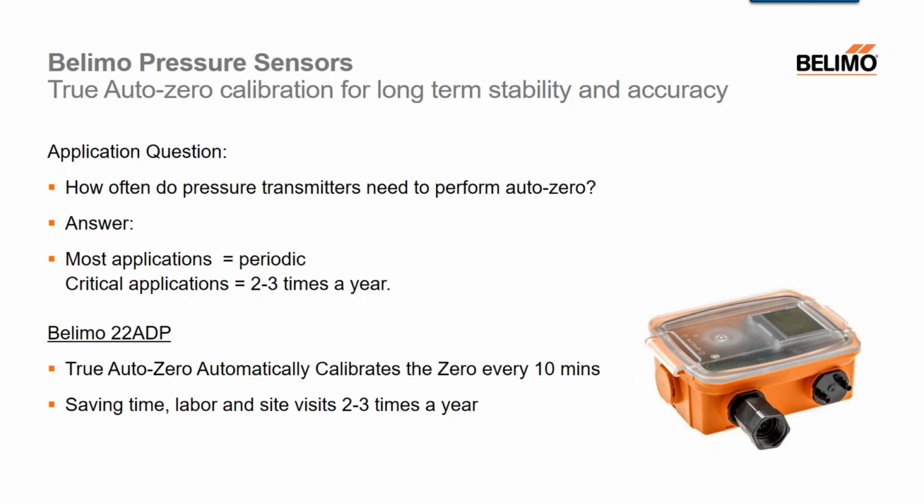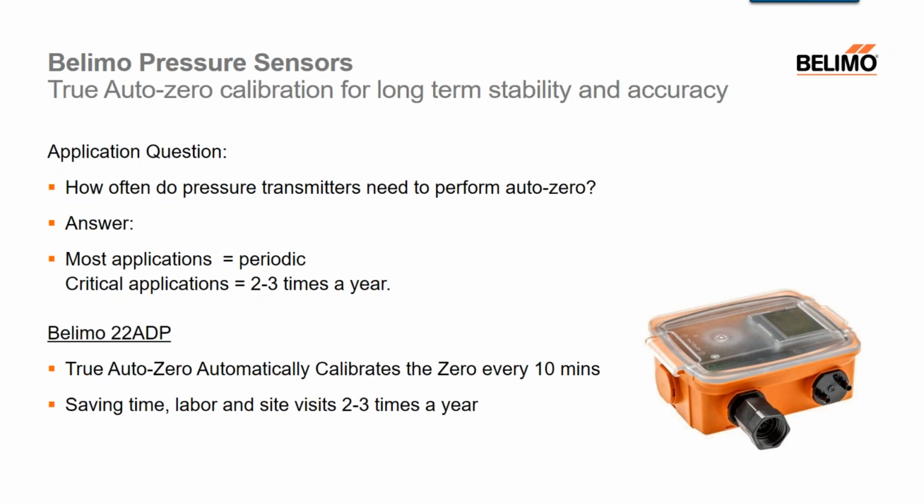First, let's look at the application. How often do you think pressure sensors or transmitters need to perform an auto zero function? For most applications, it is required periodically throughout the year or the years. But for critical applications, it is recommended 2 to 3 times a year.